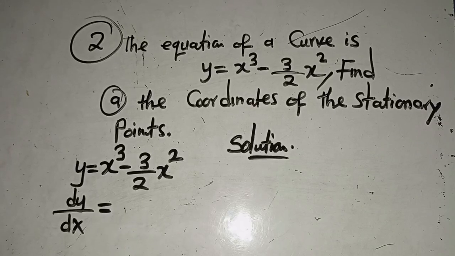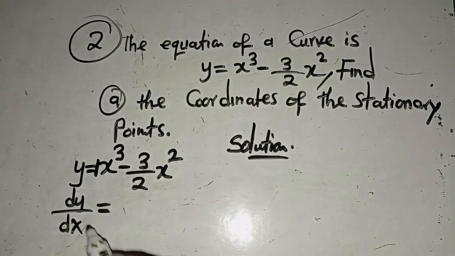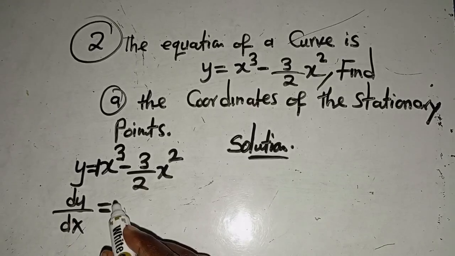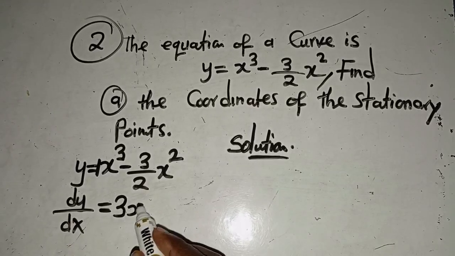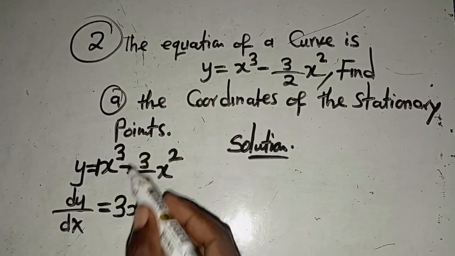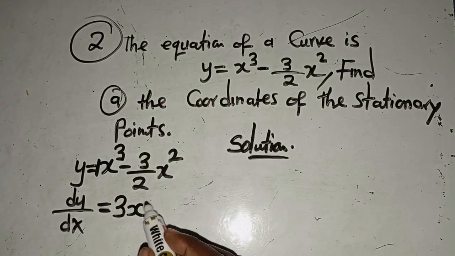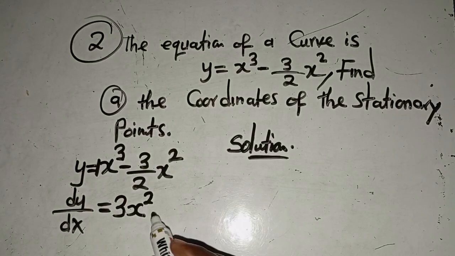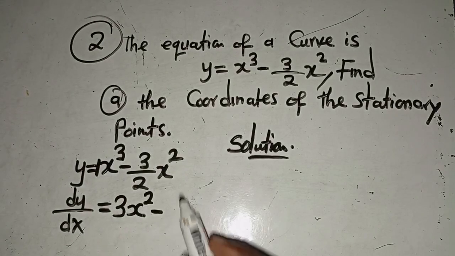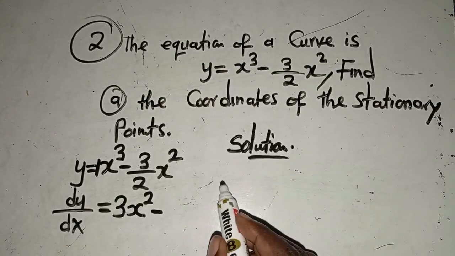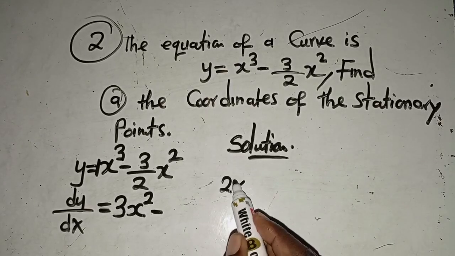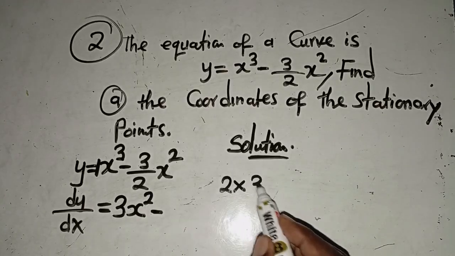So this is equal to what? The coefficient there is 1. 3 times 1, it is 3. Then I say x. The power 3 there, we say minus 1. I'm going to remain with a 2. Minus. Here, what is happening is that this 2, when it comes down, gets to be multiplied with 3 over 2.